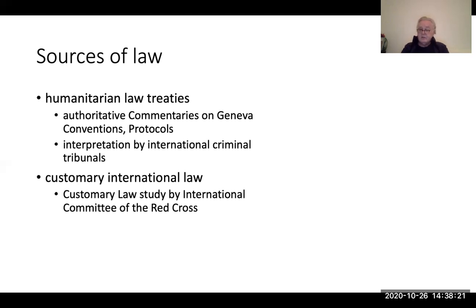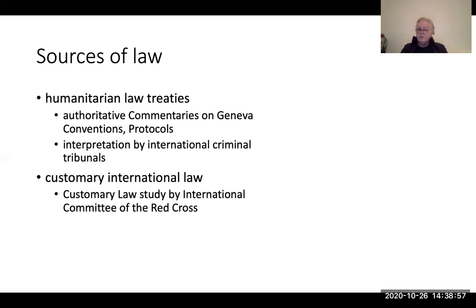So the International Committee of the Red Cross, which is the international body that's responsible for the application, the dissemination, and to a large extent the enforcement of international humanitarian law, has published authoritative commentaries on both the Geneva Conventions and the protocols. They're all available on the website of the International Committee of the Red Cross.